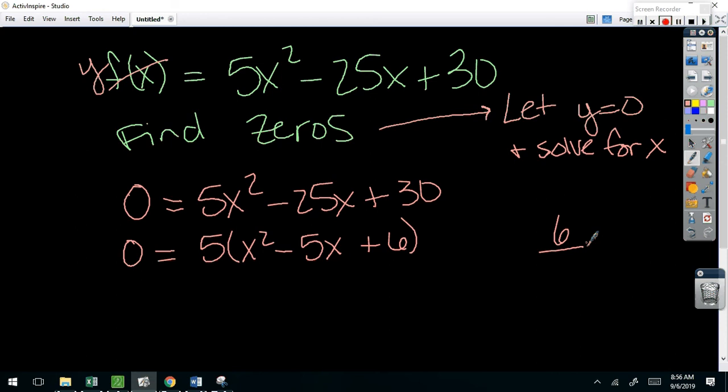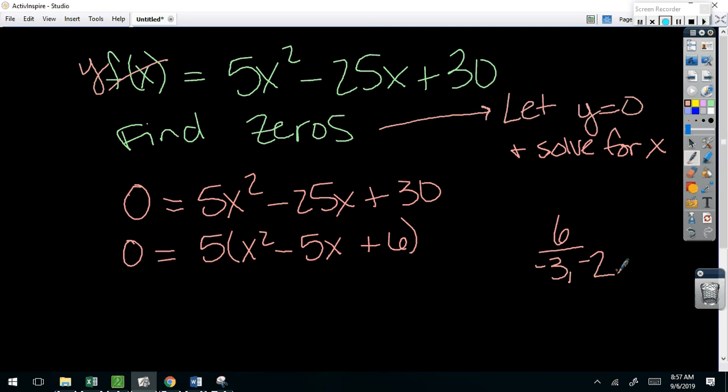Close. You got it backwards. I think Hope had it, yeah. What'd you say? Didn't you say negative 3 and negative 2? I know she said it right before you. But she just wasn't confident in what she said. Negative 3 and negative 2, I had to think about it a minute. If it's multiplying to a positive, but it's got to add to a negative, both have to be negative.